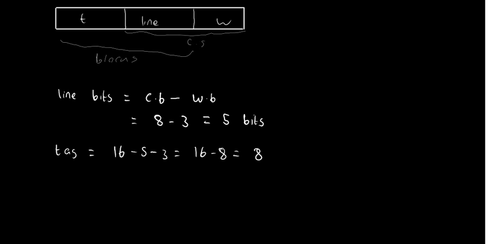What we can then conclude is that our address is split into the following: 8 bits for the tag, 5 bits for the line, and 3 bits for the word.